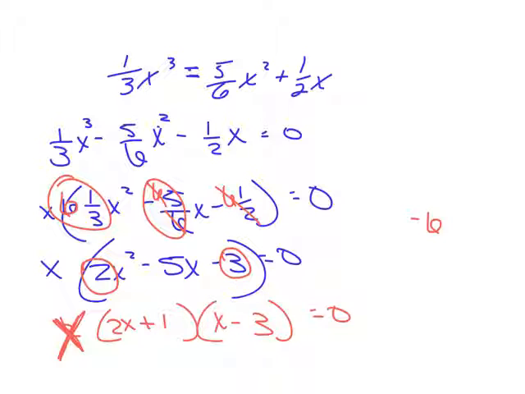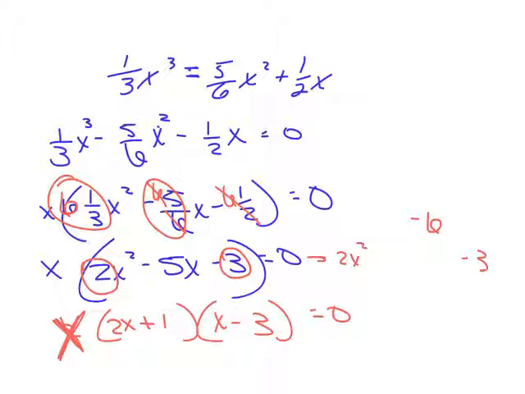So then you end up rewriting it as 2x squared, 3x, plus 2x... that doesn't equal. Oh, I'm sorry, it should be 6 and 1. What am I thinking? Two numbers multiplied together give me negative 6, added together give me negative 5.